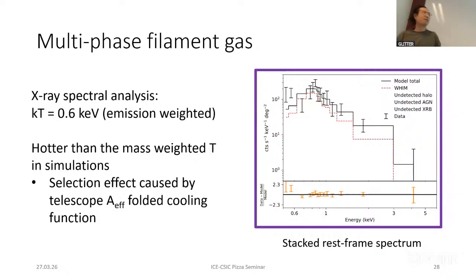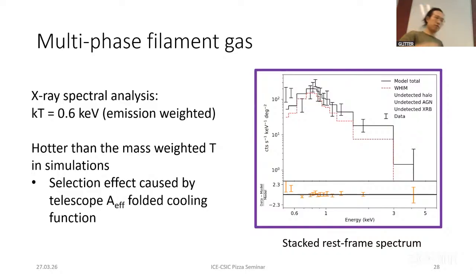It's not like what simulation tells us: cosmic filaments have 1 million Kelvin gas. This is way hotter than 1 million Kelvin. I believe that's because we have selection effects on the temperature: we have our observation window, our telescope effective area curve, and the foreground absorption curve.